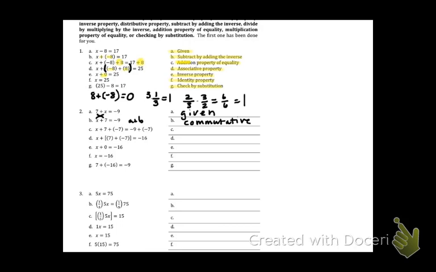A plus B equals B plus A. Now here we're adding a -7 to both sides. Again, when you add the same thing to both sides, it's a property of equality. We're adding, so it's the addition property of equality.